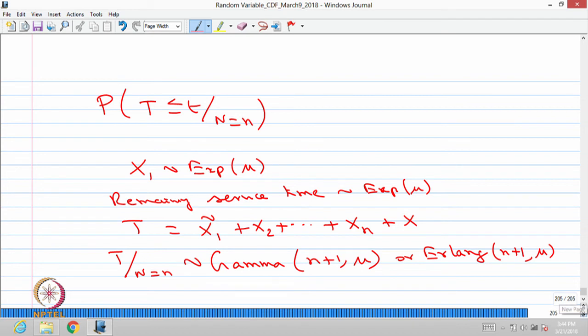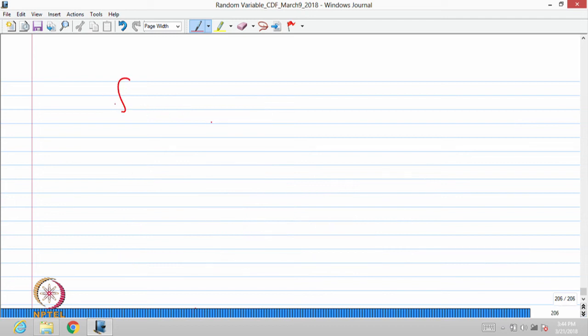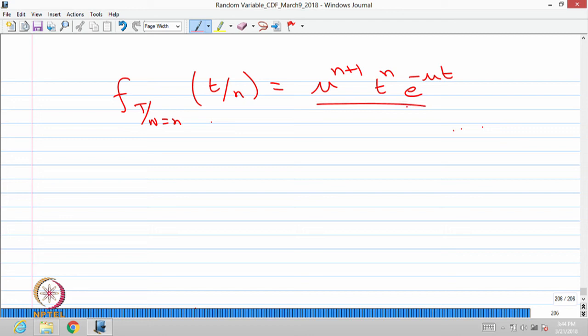Therefore, we know the probability density function of T given capital N equals n, as a function of small t: mu power n plus 1, t power n, e power minus mu t, divided by n factorial.